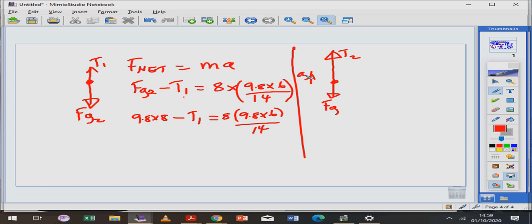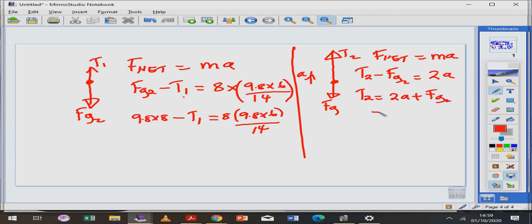So its equation of motion will be T2 minus Fg2 equals 2a, because its mass is 2. And remember, I'm using the equation F net is equal to ma. So substituting, I can see that T2 will be 2a plus Fg2, where I know the acceleration, and Fg is 2 times 9.8. Substitute and find the value of the tension.